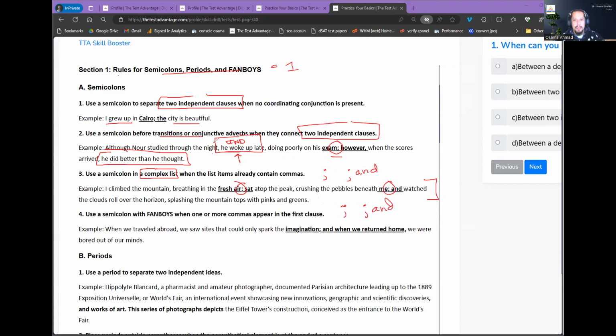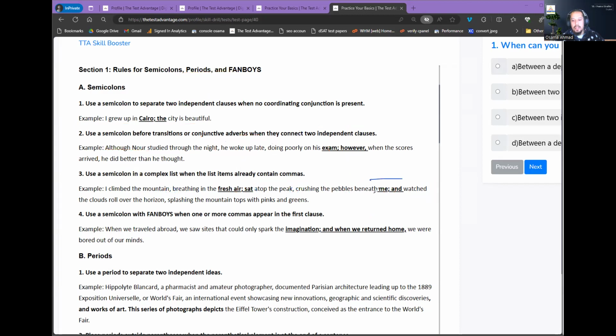Why do we use semicolons with the list? Because the list already has commas. If you see each item in the list already has commas, you would also know we need a semicolon list when we see semicolon and. When you see this, then you know we need a semicolon list.